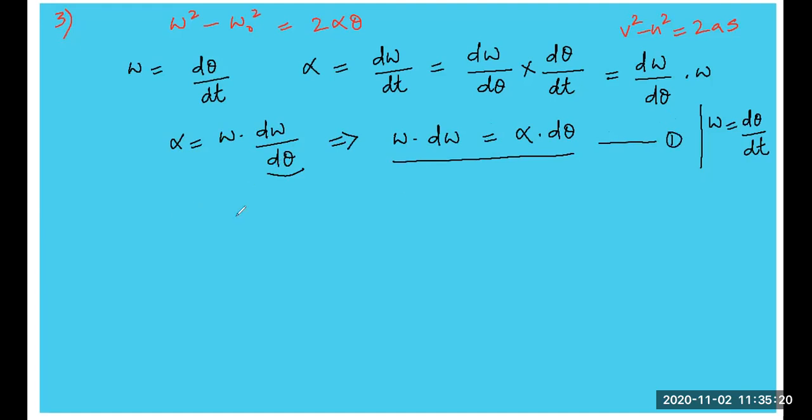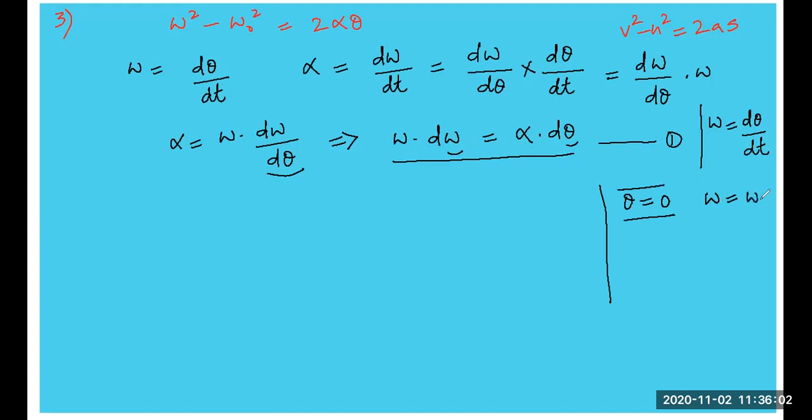Now, see, I give the limits. How do I give the limits? You just see. This is omega d omega, this is d theta. Now you won't give the upper and lower limits in terms of t, because dt is not there. You have d theta and d omega. So when theta is equal to 0, what is the initial velocity?